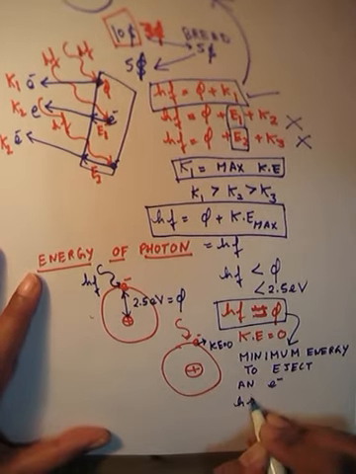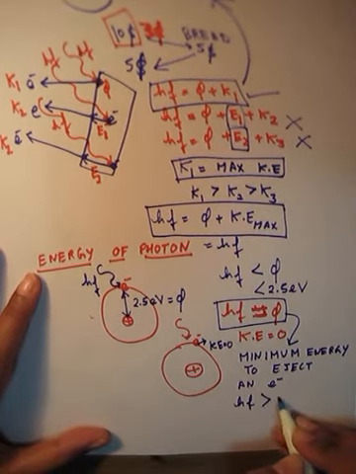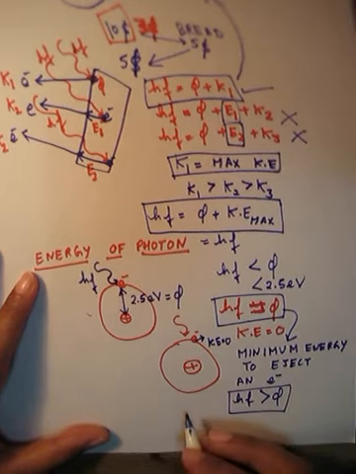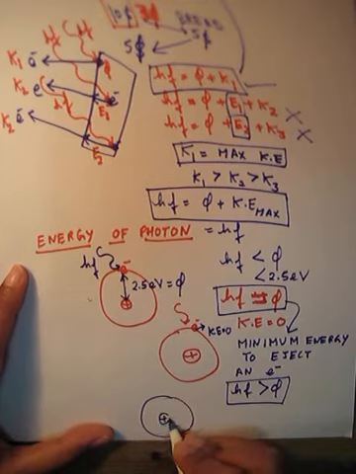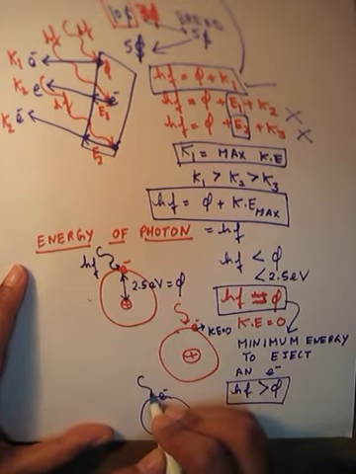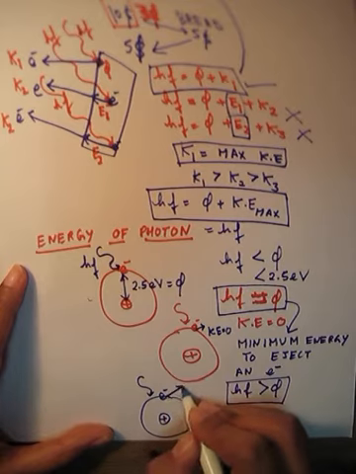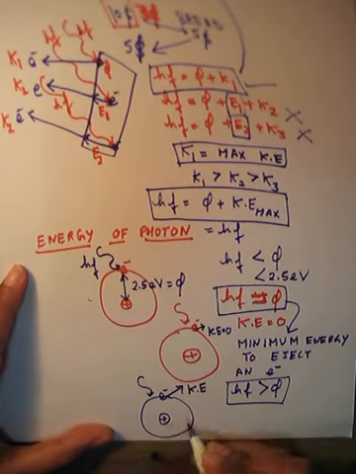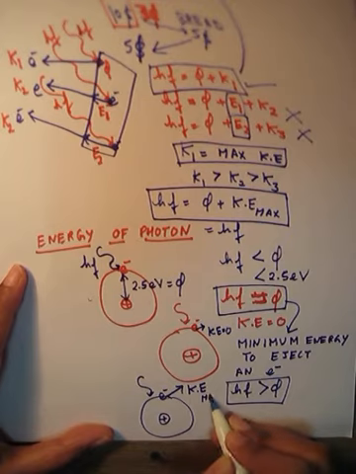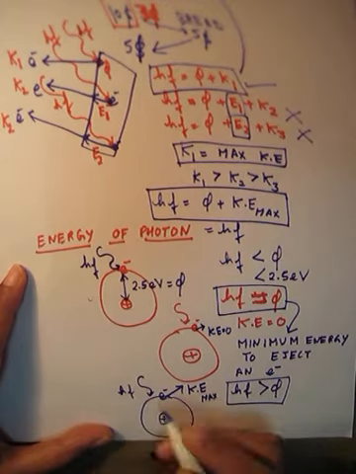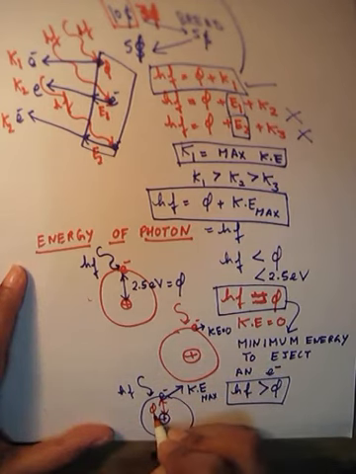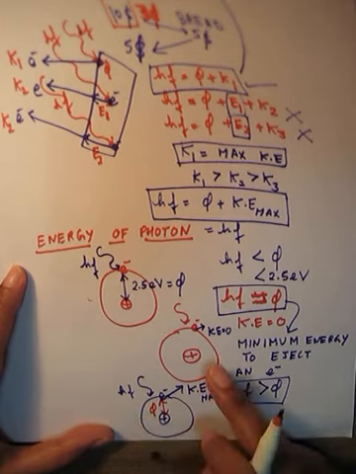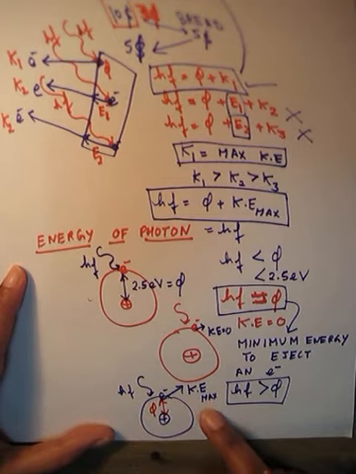And if this energy is greater than the work function, then the photon will fall on this electron, and the electron will have some kinetic energy. So you have hf, some of it is used to pay the price for taking it out, and the leftover energy will be the maximum kinetic energy.